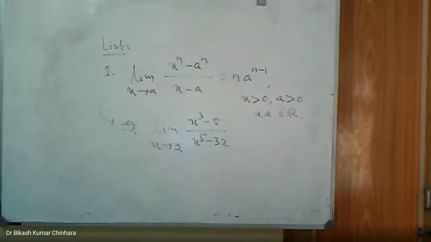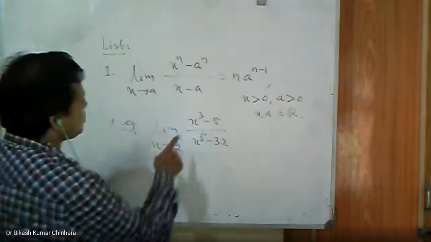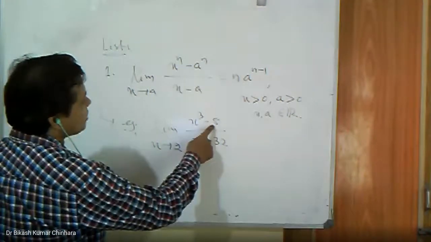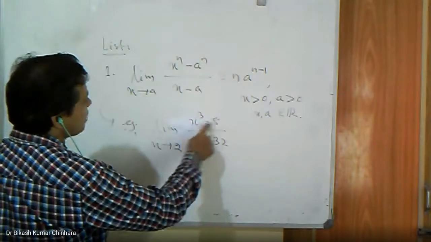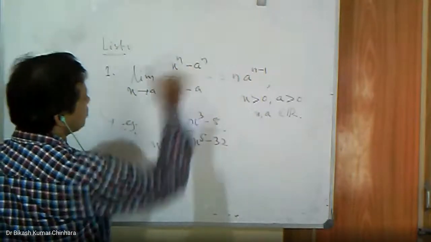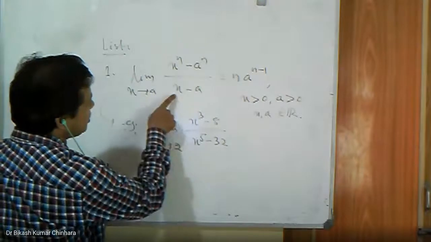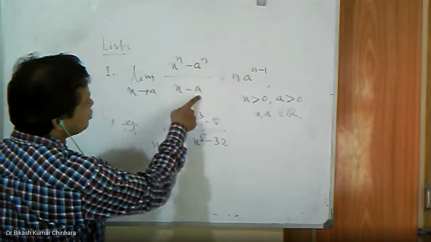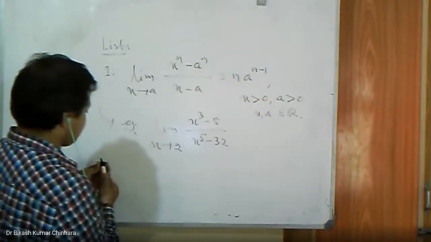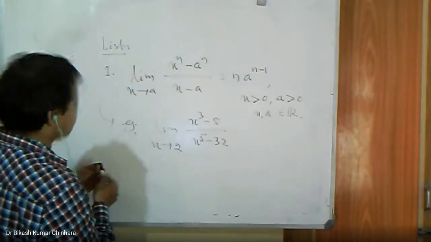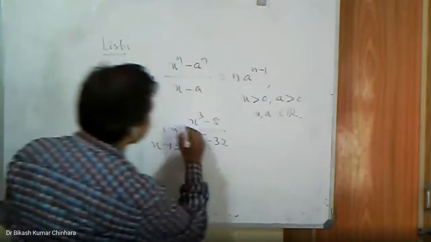I am filling the ink. How are we doing this? 8 can be written as 2 to the power 3. So it is x to the power 3 minus 2 to the power 3. So n is equal to 3 here. Then you need x minus 2. So to use this formula you need x minus 2 here.